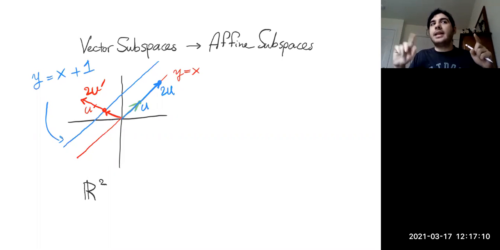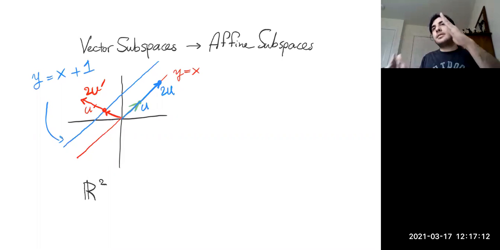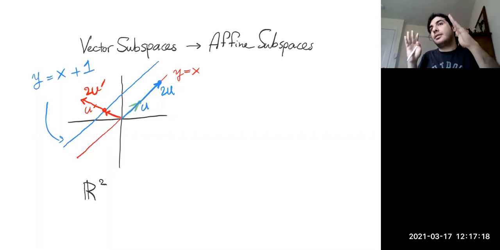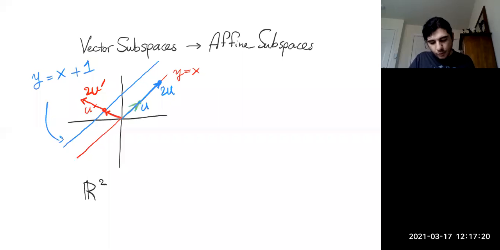It's a translation of a subspace. It's a subspace, but we moved it from the center, from the origin. It's parallel to a subspace. So this blue one is not a subspace itself, but it is parallel to a subspace, which is the red one.